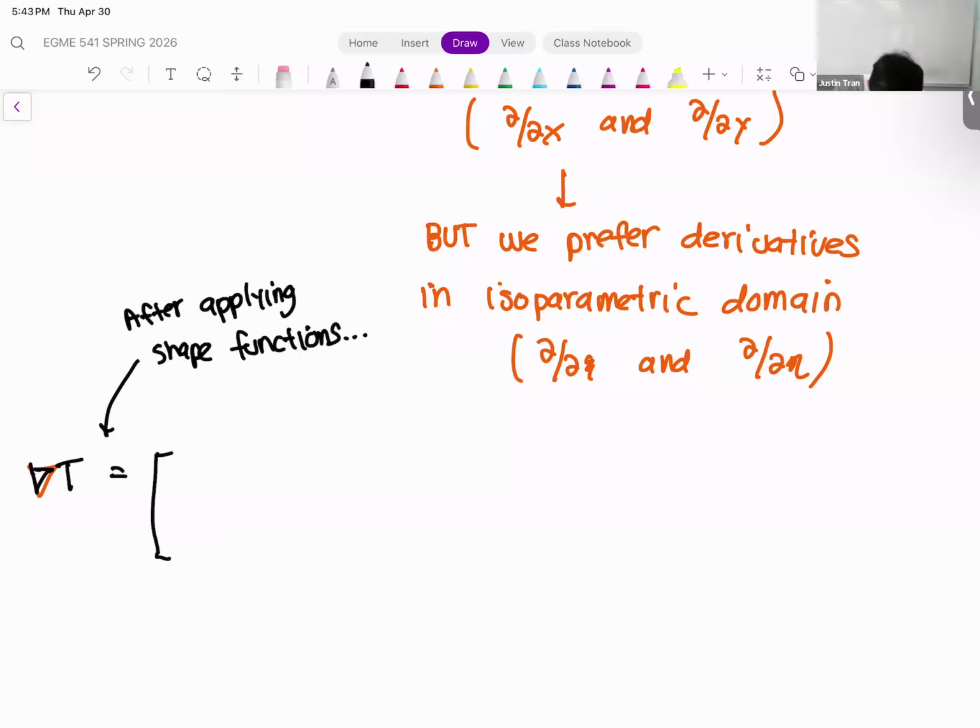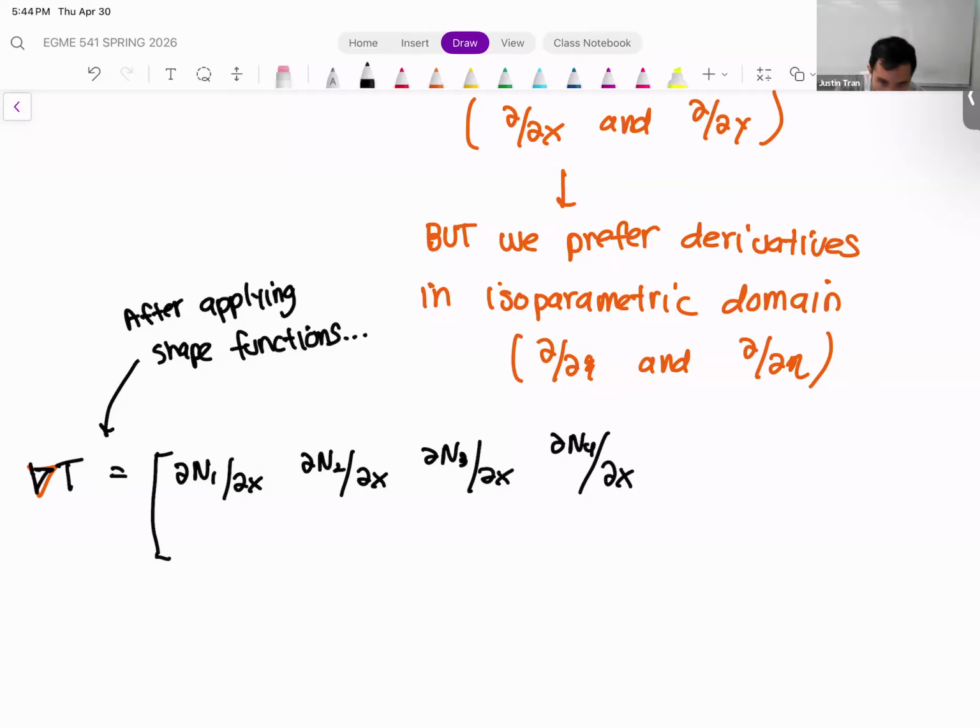So we have partial N1 partial x, partial N2 partial x, partial N3 partial x, partial N4 partial x. And remember, for this discussion we're working with the four-node quadrilateral, so there are four shape functions, one for each node.